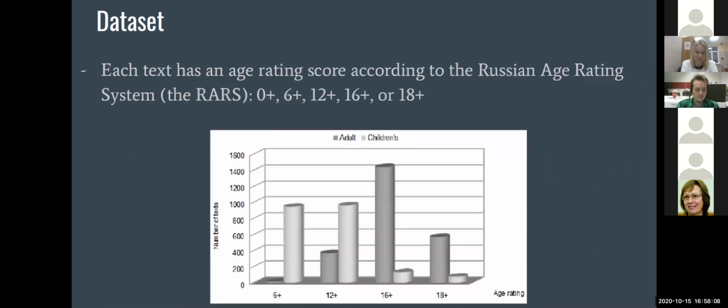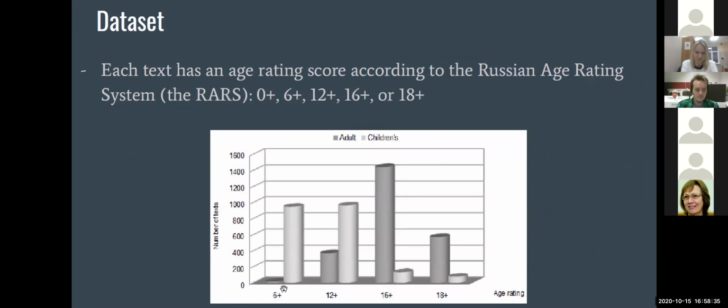Next, every digital and non-digital book should have an age rating label, and the books in our dataset also had it. In the Russian age rating system, there are 5 age rating labels, but we have only 4 in our dataset.